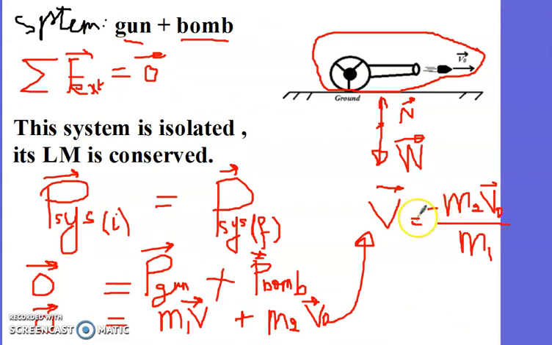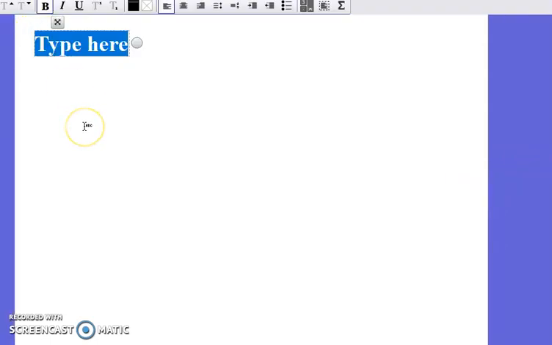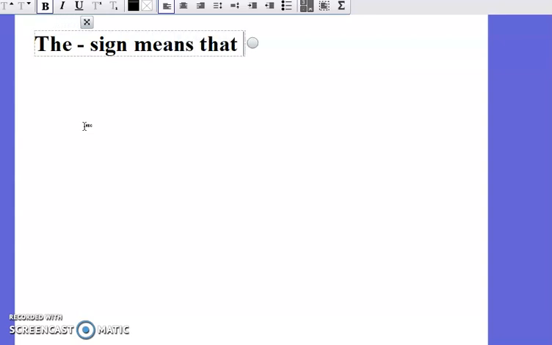But what does the minus sign mean? The minus sign means that V is opposite to V0. Remember this.